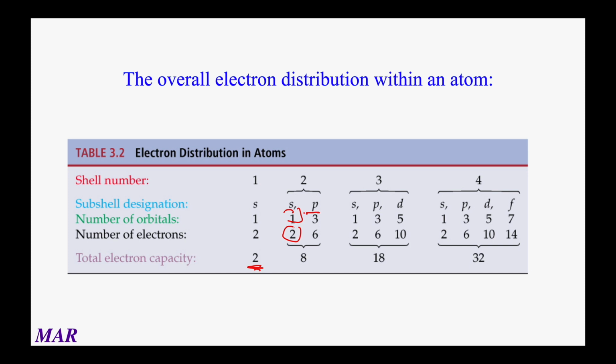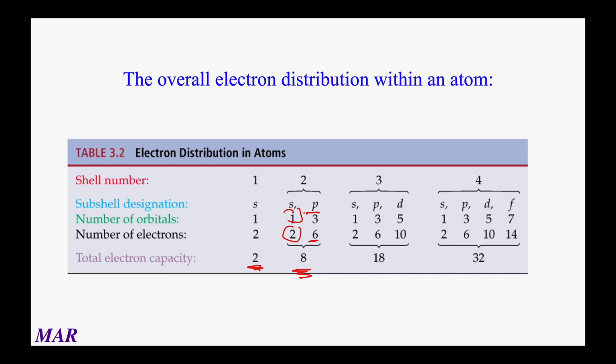Each one of those holds 2 electrons. So 3 orbitals times 2 electrons, 6 electrons total. So that means in the second dorm room, dorm number 2, you can have up to 8 electrons, or 8 students, all right? So notice a couple of things here. First of all, S had 2 electrons in both 1 and 2. P had 6. And that's going to be a pattern we're going to see throughout these.